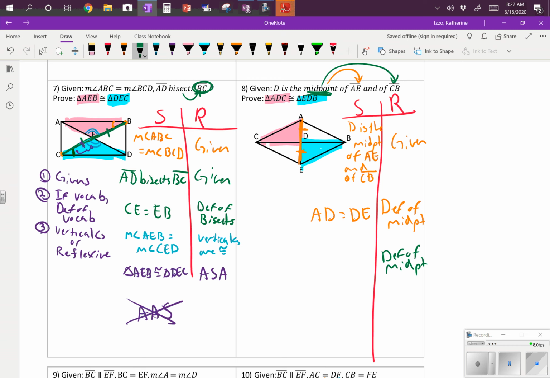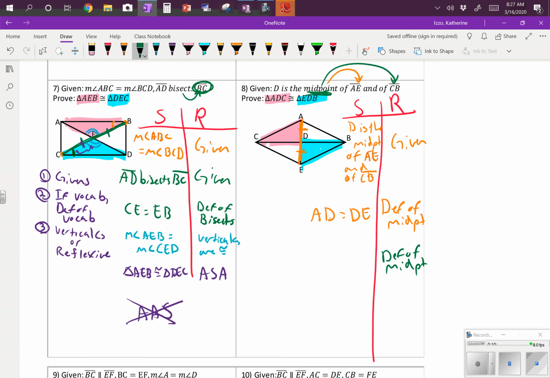So we have a second definition of midpoint right here. Because it is the midpoint of AE and the midpoint of CB. They could have written it, D is the midpoint of AE, comma, D is the midpoint of CB. But instead of doing that and showing off that we have two givens, they decided to write it as one given just to be annoying.